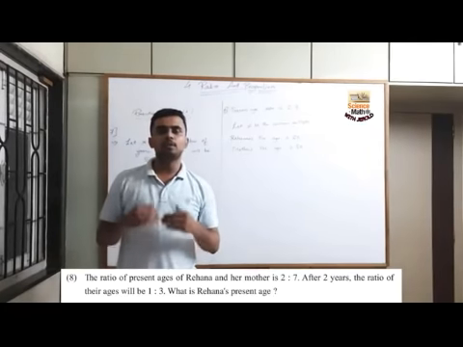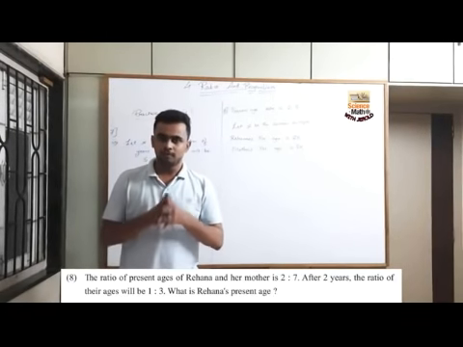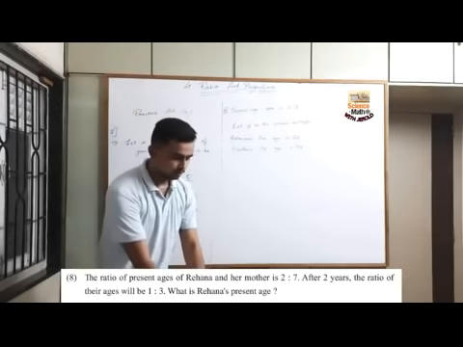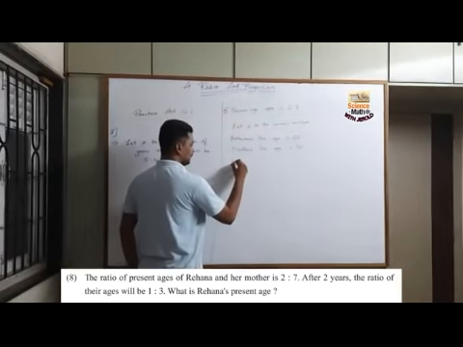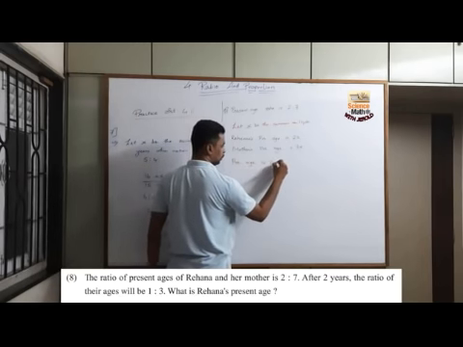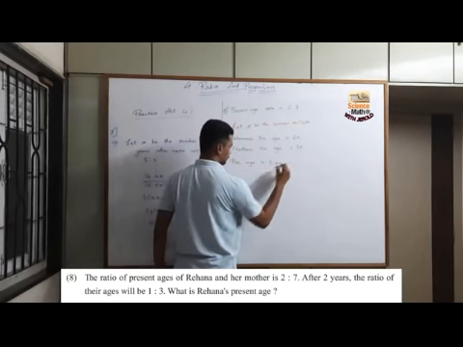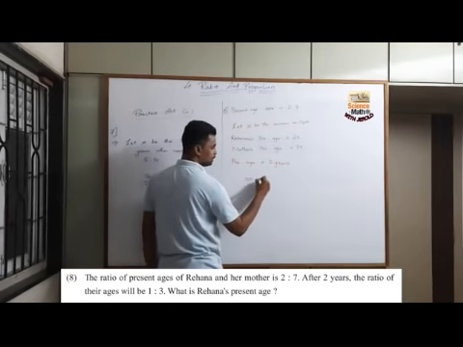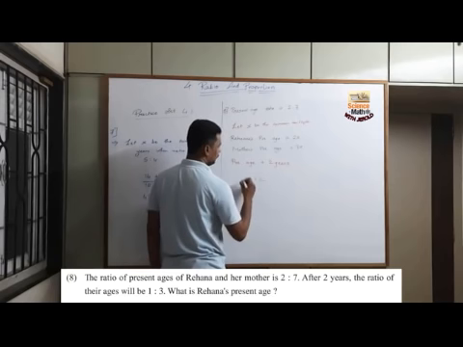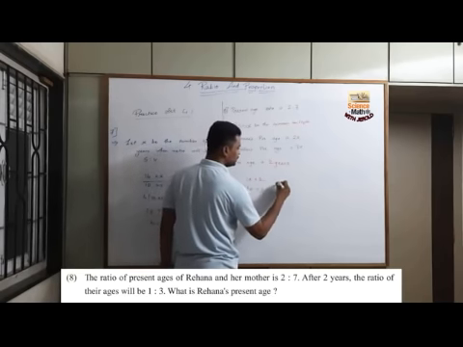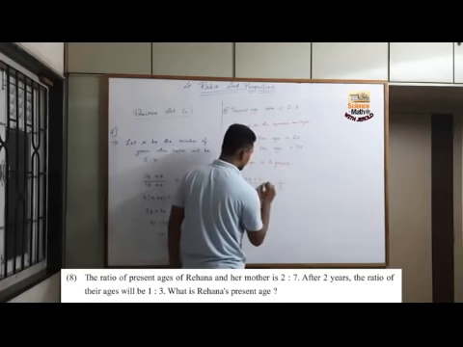Now they tell us after 2 years the ratio of their ages will be 1:3. So after 2 years means present age plus 2 years. Therefore, Rihanna's age is 2x plus 2 and mother's age is 7x plus 2, and the ratio is 1:3.